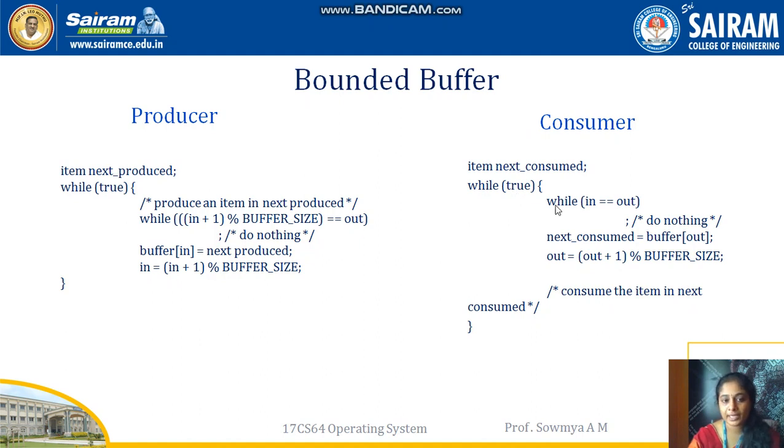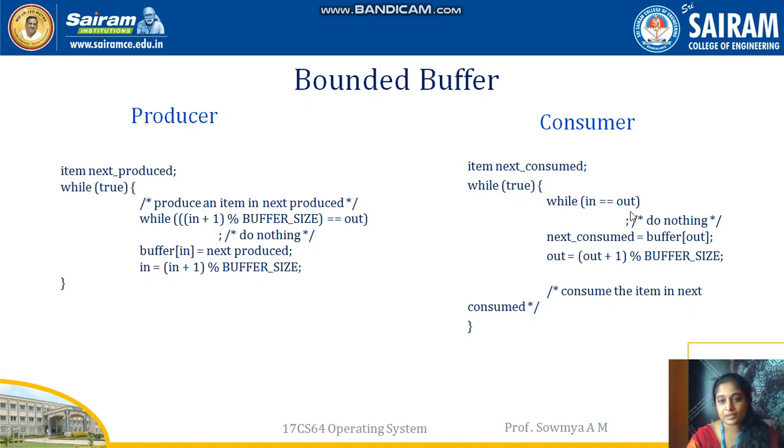The consumer has to wait until the producer is producing the data. So while true for the consumer, while in equal to out, meaning the in pointer is equal to the out pointer, do nothing. It means the producer is still producing the data, so the consumer has to wait.